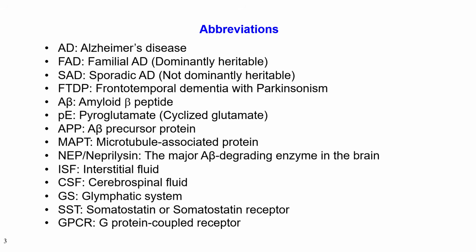AD stands for Alzheimer's disease, FAD for familial AD, SAD for sporadic AD, FTDP for frontotemporal dementia with Parkinsonism, A-beta for amyloid beta peptide, PE for pyroglutamate, APP for amyloid beta precursor protein, MAPT for microtubule-associated protein tau, NEP for neprilysin, the major A-beta degrading enzyme in the brain, ISF for interstitial fluid, CSF for cerebrospinal fluid, GS for glymphatic system, SST for somatostatin or somatostatin receptor, GPCR for G-protein-coupled receptor.